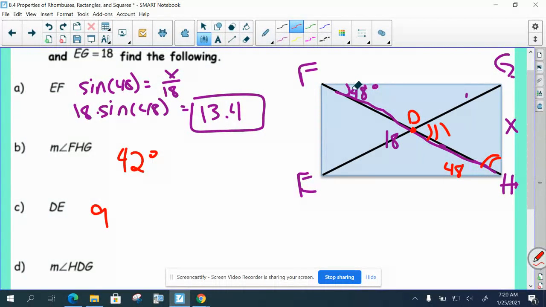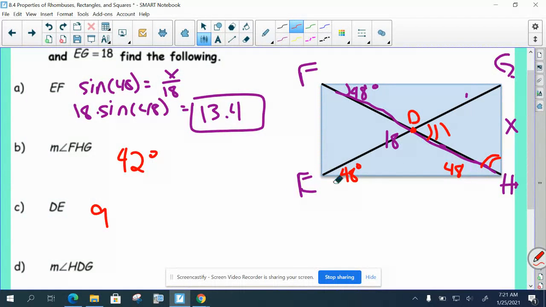So if this is 48, and this is 48, this is also going to be 48. If you notice here, we've got isosceles triangles. All four of these are isosceles triangles. The opposite ones are congruent to each other. So to get this angle here, we could find this angle and subtract it from 180.